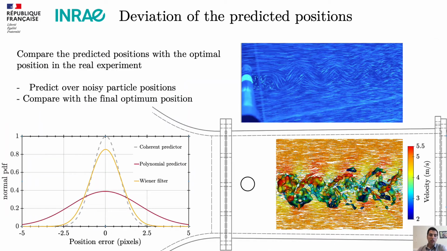If we look at the results we got, our measurement starts from here, more or less, and you can see we have sheddings convecting downstream of the cylinder.